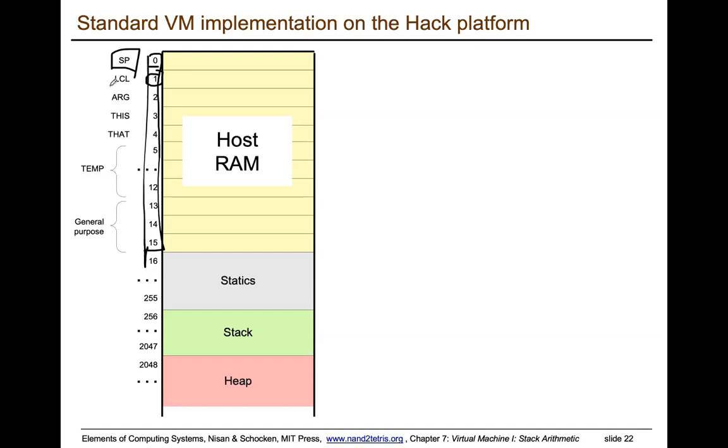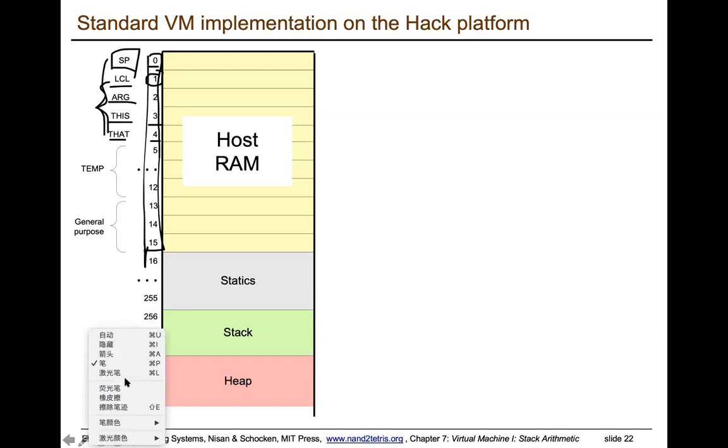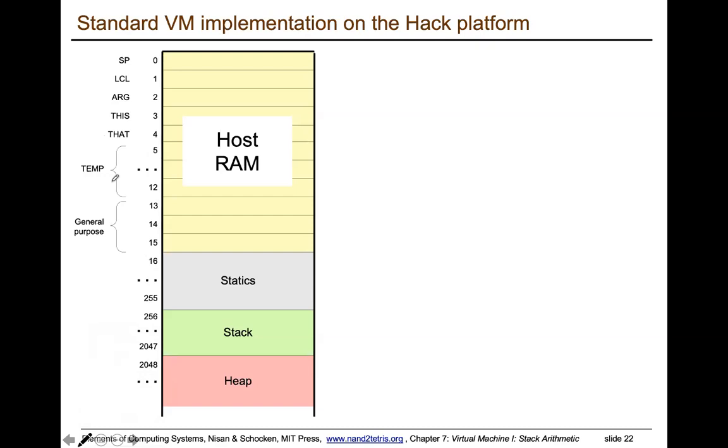So this one is local, the second one is for argument, the third one for this, the fourth one for that. Actually, this one is the pointer. No, from here to here, sorry. From here to here stores the base address. We will see why it means base address.